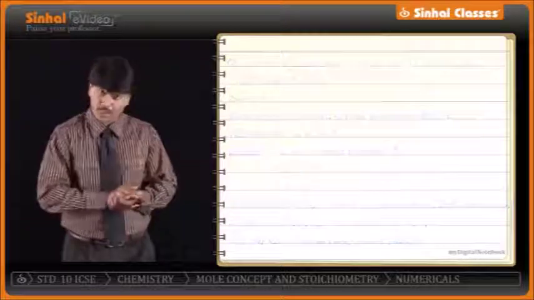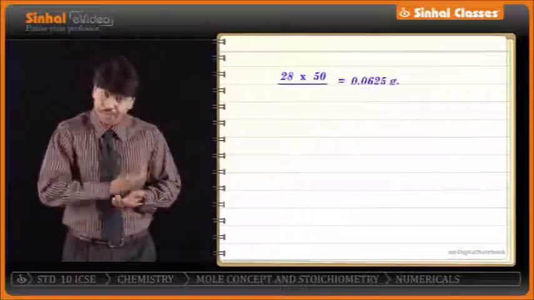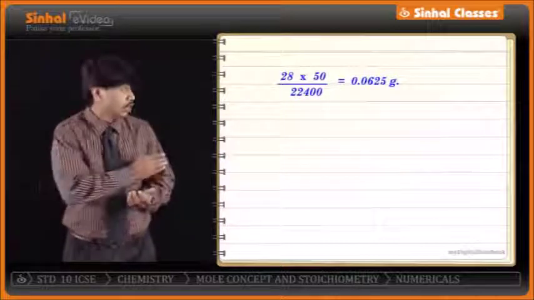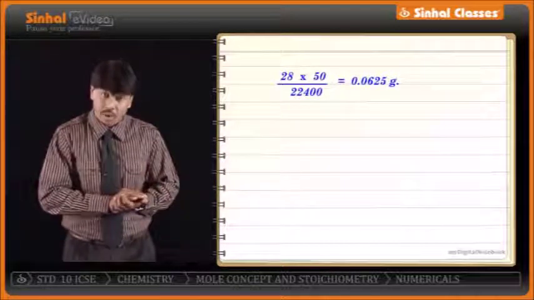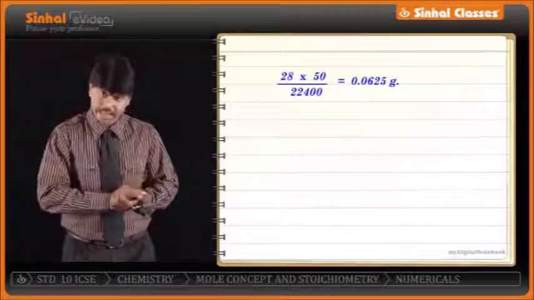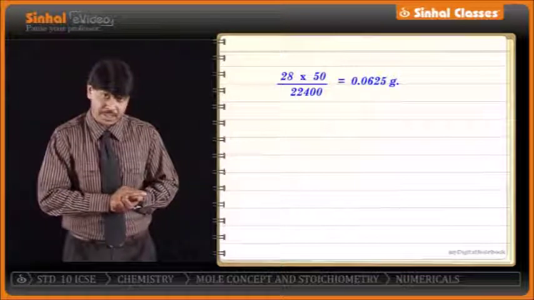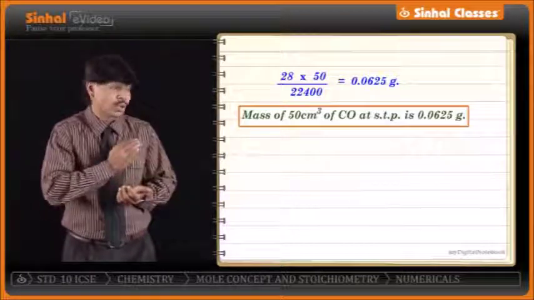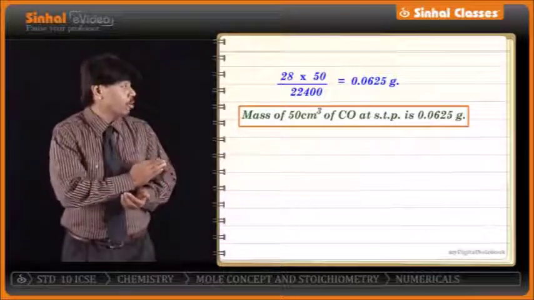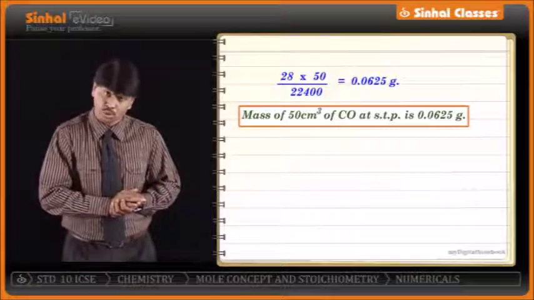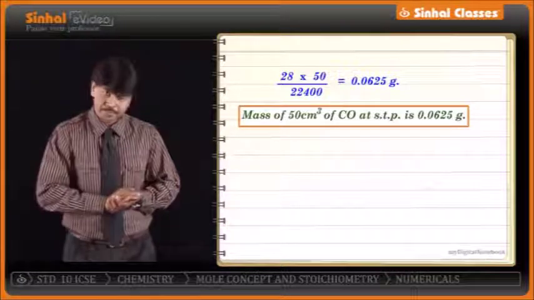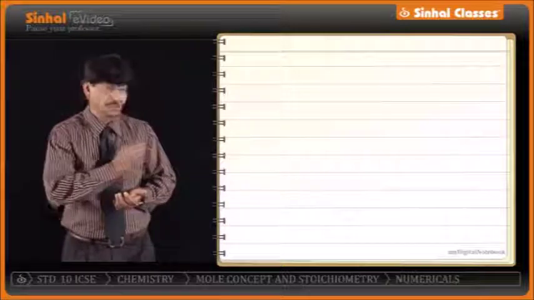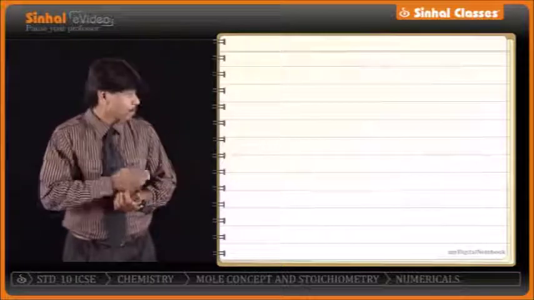Cross multiply it, we get 28 × 50 divided by 22400. The answer for that is 0.0625 grams. So mass of 50 cubic centimeters of CO at STP is 0.0625 grams.